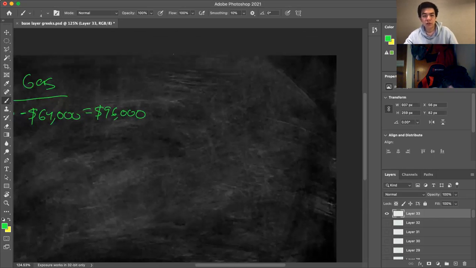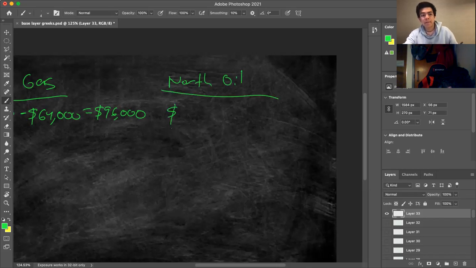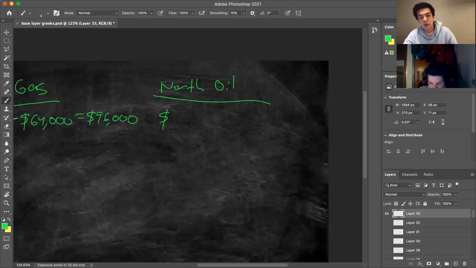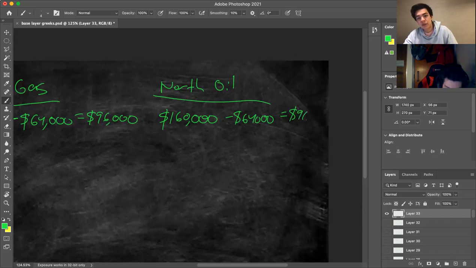And we do that for North Oil as well. For North Oil, it's going to be 160 minus 64 equals 96. Any questions on that? No. Okay, cool.